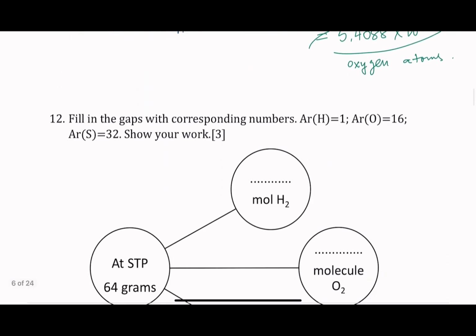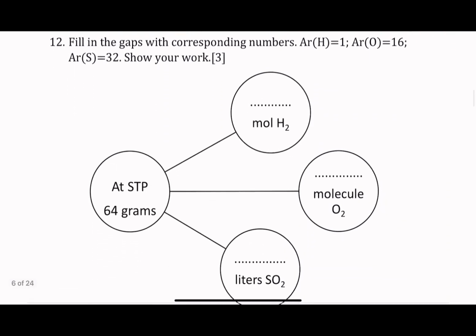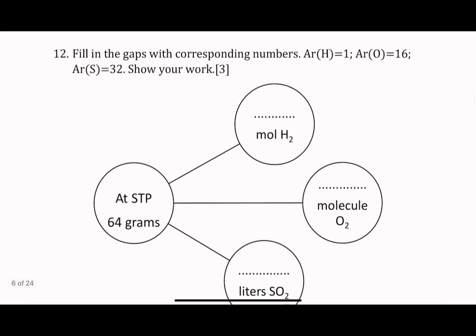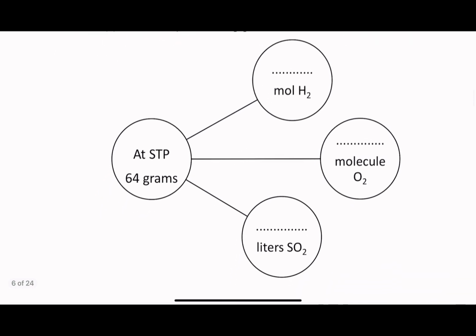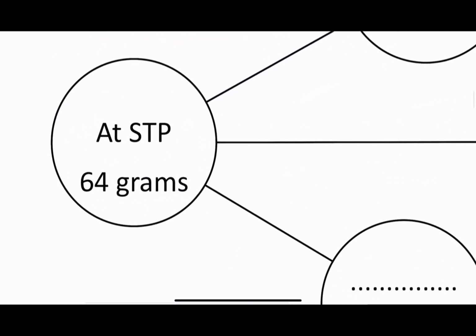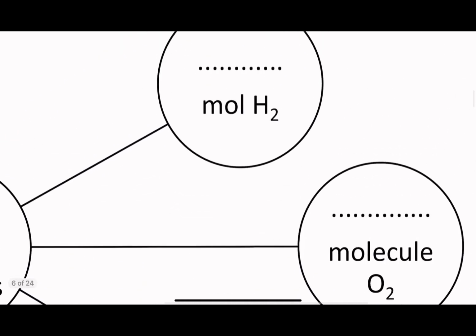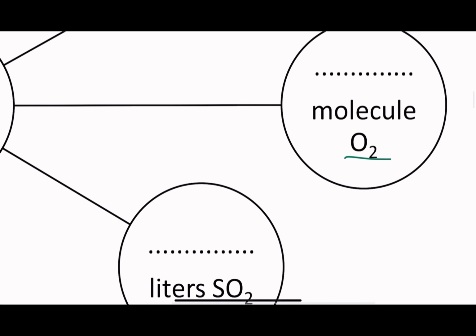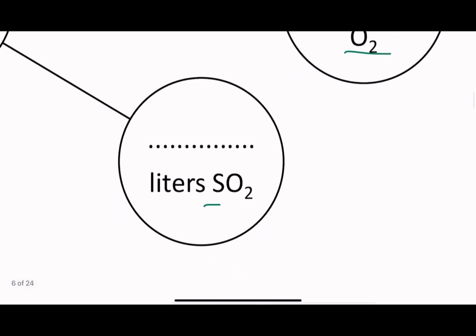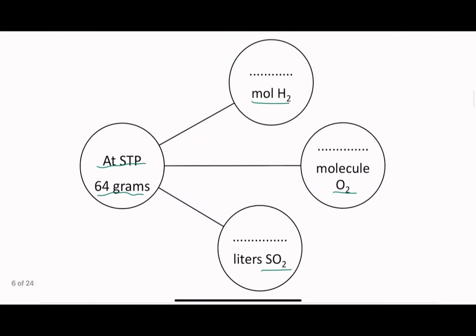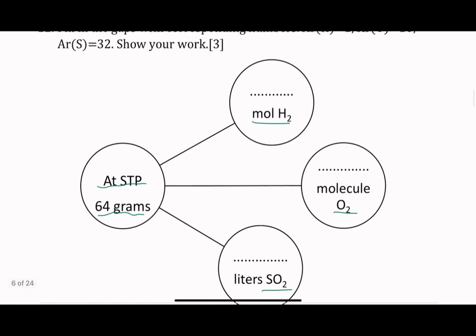Okay, so now question 12. It is telling us fill in the gaps with the corresponding number. You're given at STP 64 grams of hydrogen, oxygen, and then SO2. So you need to get the idea from here that if you have 64 grams, the formula is n equals m over MM, right?